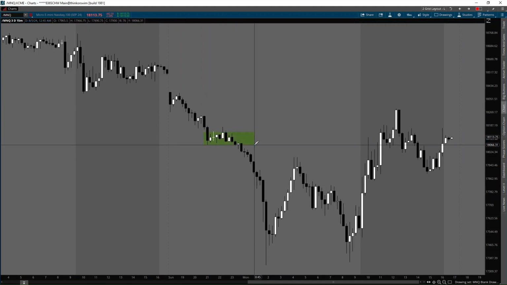We have sideways consolidation and a fail below. Sellers overwhelmed the buyers and price failed to the downside. Here, sellers became exhausted and buyers stepped in, as shown by the candlestick structure.